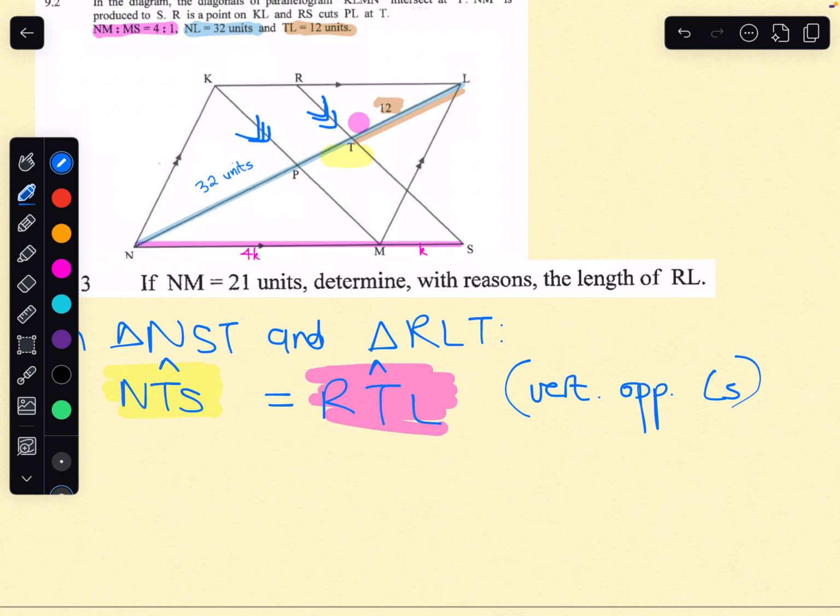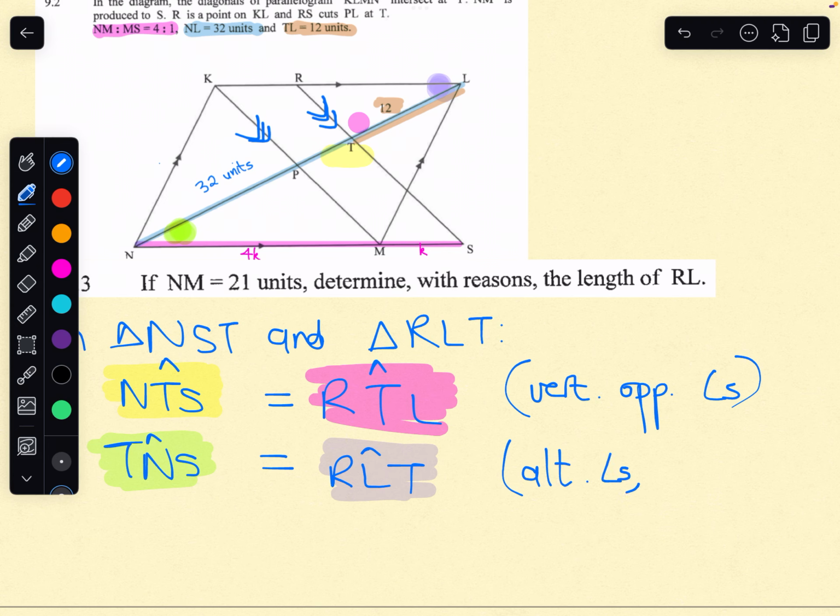Then we furthermore know that angle TNS, which is this guy, is equal to angle RLT, which is that guy. And that is because of alternate angles, KL is parallel to NS.